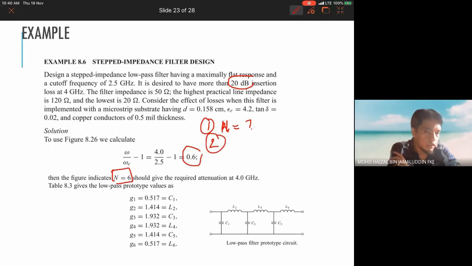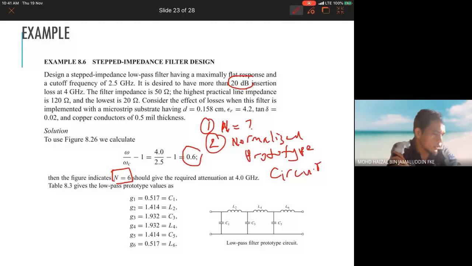Second step, as usual, is the same procedure as before. We need to draw the normalized prototype circuit. Don't forget this step. After you have determined the order, you draw the prototype circuit.